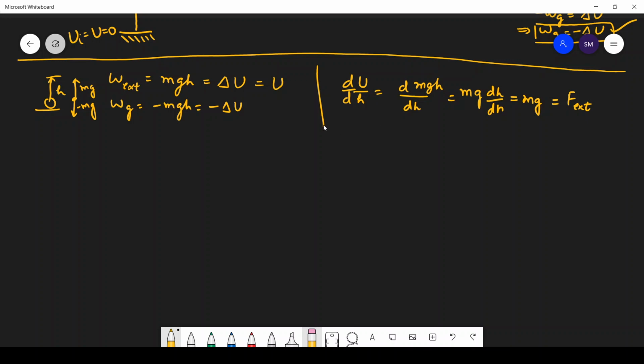That's how you define the external force. So if there is minus du by dh, obviously it will be equal to minus mg, and minus mg is equal to the gravitational force, so that is equal to Fg, right?